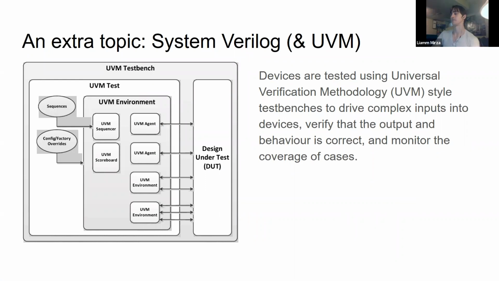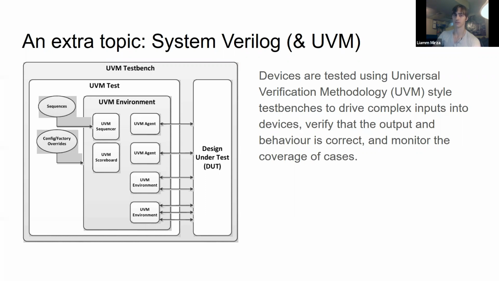And here's an overview of what you'll be working with if you go the verifier route: a methodology called UVM, which is known as Universal Verification Methodology. On the left here, we have an abstract overview of what kind of code you'll be writing.